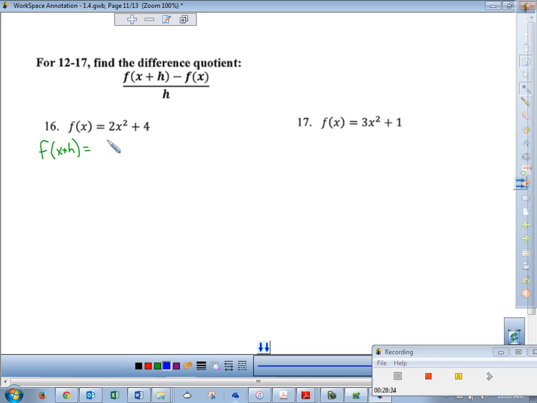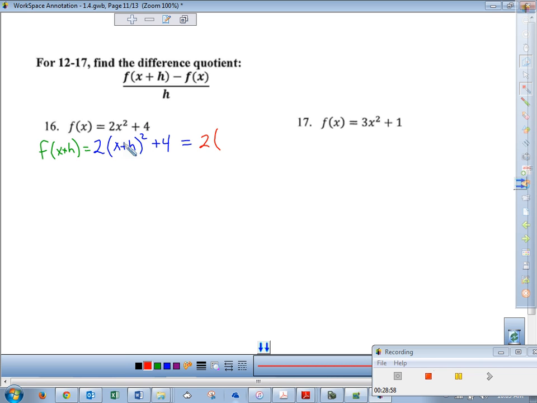This is where you get to have some real fun. 2 times the quantity of x plus h squared plus 4. Straight substitution, again. Cool with that? Then, for those of you who remember how to expand a binomial squared, the 2, don't mess with it yet.